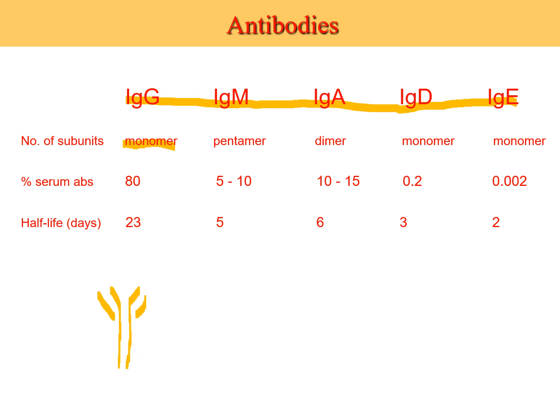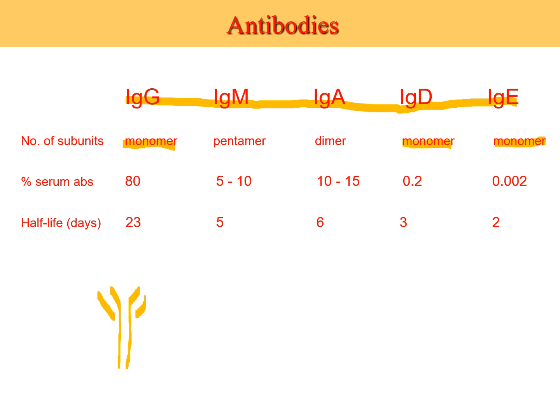IgG, IgD, and IgE are monomers. We're not going to talk a lot about D. There isn't a huge amount known, and it doesn't seem to play that big a role. IgG and IgE we will talk about.